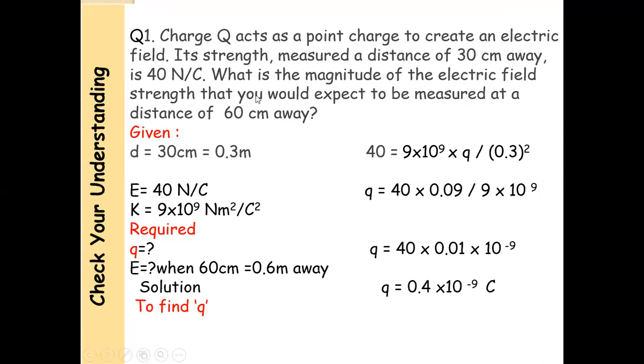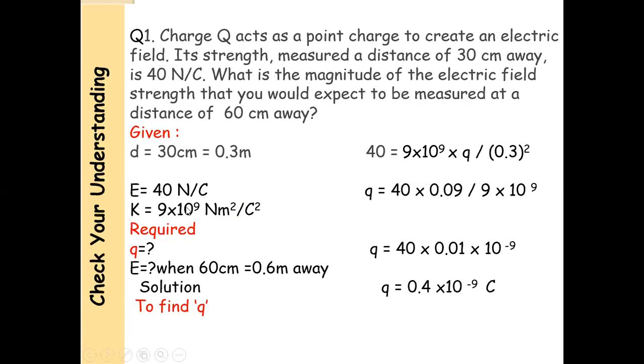What you would expect to be measured at a distance of 60 centimeter away? So you need to find the magnitude of the electric field strength at a distance of 60 centimeters.